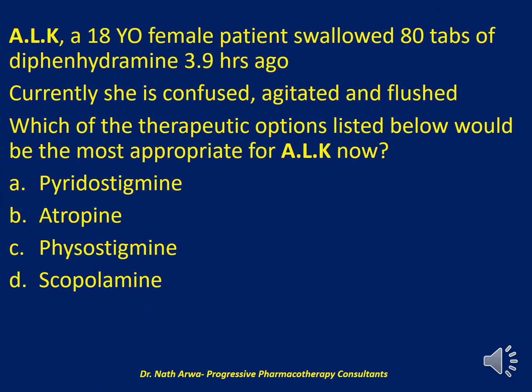Our last question reads, Lady ALK, an 18-year-old female, swallowed 80 tablets of diphenhydramine 3.9 hours ago, almost 4 hours ago. Currently, she is confused, agitated, and flushed. So my question to you is, which of the therapeutic options listed below would be the most appropriate for Madam ALK now?